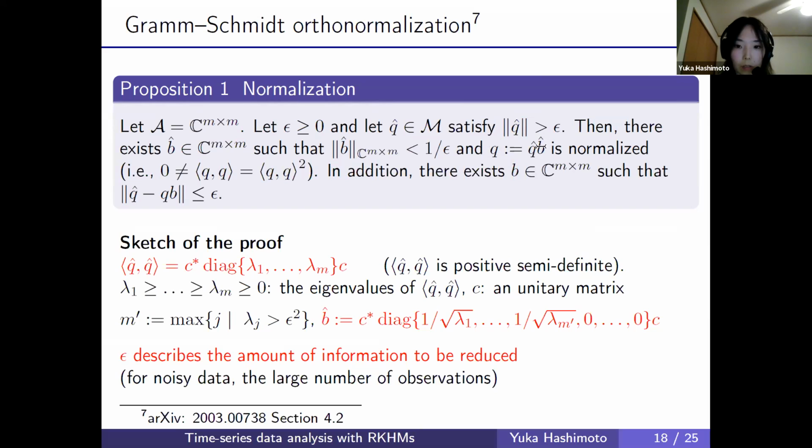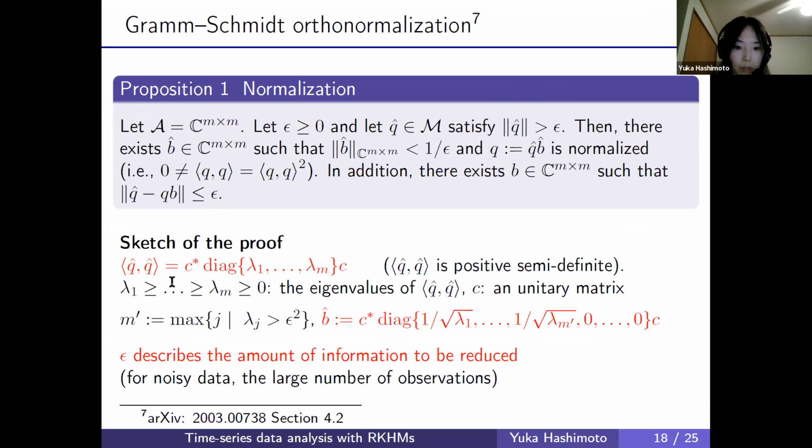And to construct this P hat, we compute the eigenvalue decomposition of the inner product between Q hat and Q hat itself. Please recall the definition of normalized in a Hilbert C-star module. The inner product between Q and Q itself is idempotent.